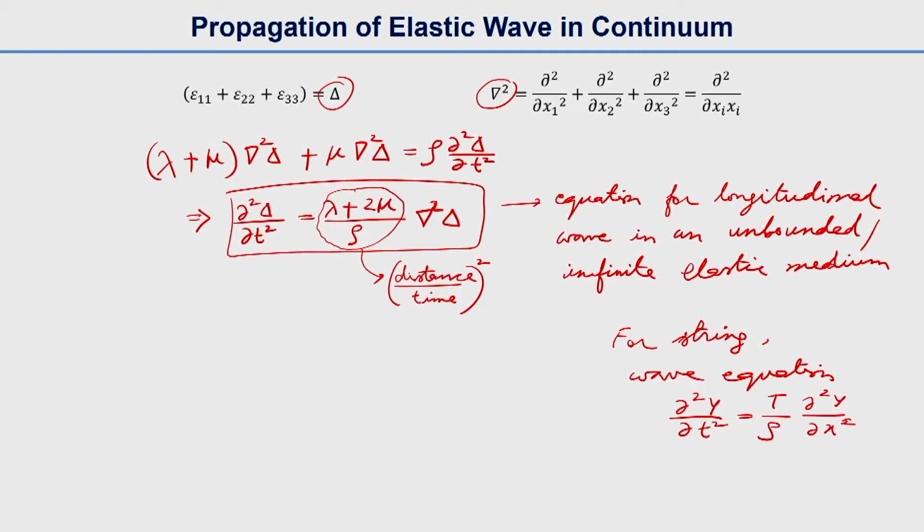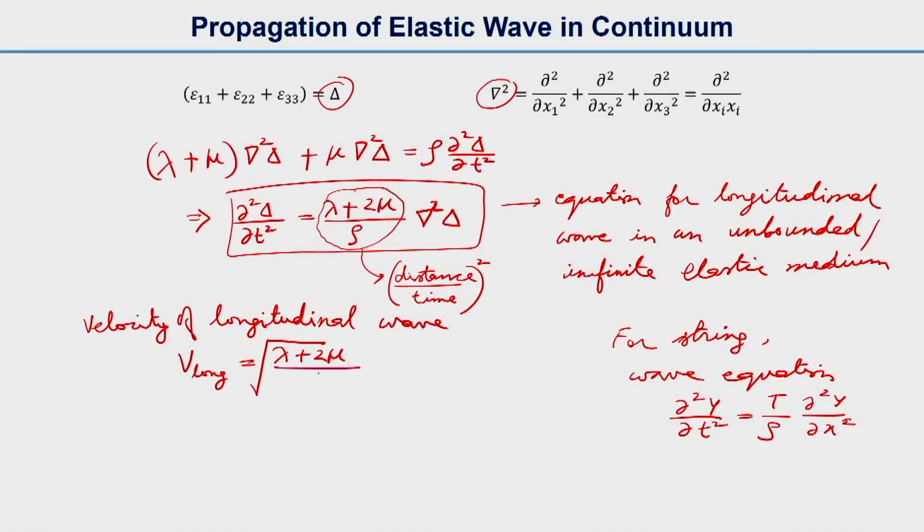This also looks similar, and from here we can tell that the velocity of the longitudinal wave, V longitudinal, is the square root of this ratio, lambda plus twice mu divided by rho.